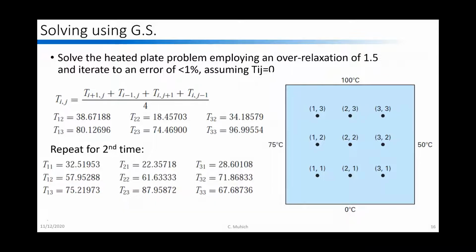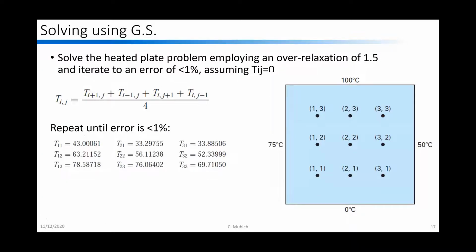Now I can go ahead and do this for a second time. So I start again at 1,1. I do my right look, my left look, up, down, get a new value, and use over relaxation to do this for each point. So after my second time going through everything, I have an error of 13.5% for T1, and then I'm going to repeat this until my error everywhere is less than 1%.